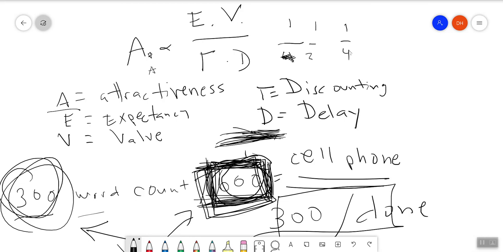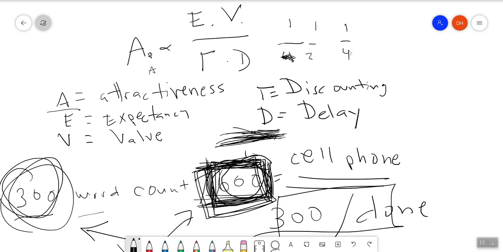So a lot of this has to do with impulsivity, an impulsive drive. If you're too impulsive and you don't have the focus, the applied focus, right, that's going to increase the discounting, or gamma function. And therefore, the attractiveness of a project might be lessened.